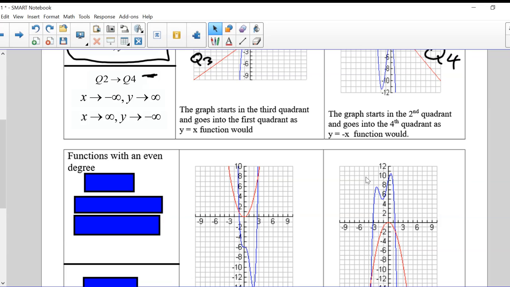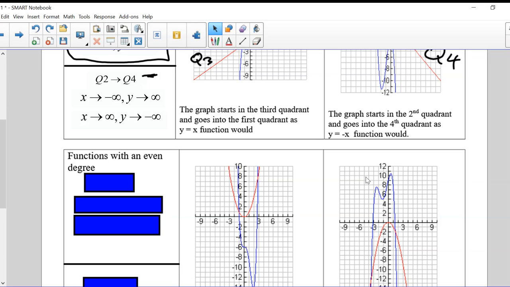It turns out that function would also be a representation of any even degree function with a positive lead coefficient, such as a quartic function. A quartic function also has an even degree, and if it has a positive lead coefficient, it's going to behave just like a quadratic function.